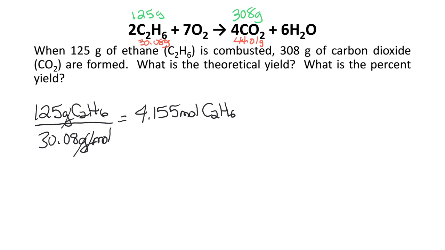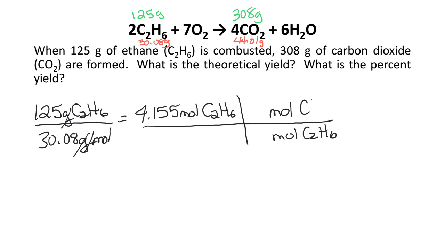This is what I'm going to put into my next step, which is a mole to mole conversion. So I'm going to make my little picket fence here, and I'm going to use the equation. I'm going to put moles of C2H6 on the bottom. And since I'm looking for CO2, I'm going to put moles of CO2 here.